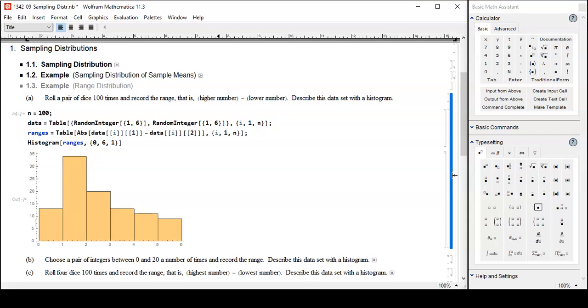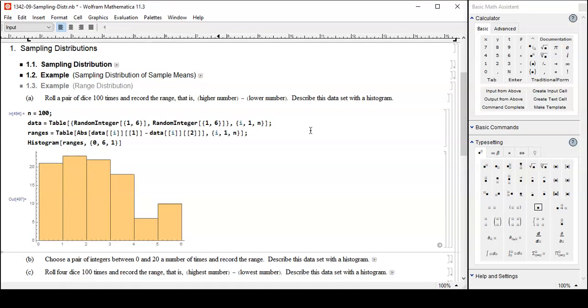Rolling a pair of dice 100 times, you see highest number minus lowest number. So highest minus lowest can be a minimum of 0 when they have the same numbers, and the maximum is 6 minus 1, so the maximum is going to be 5. Do you see any pattern?